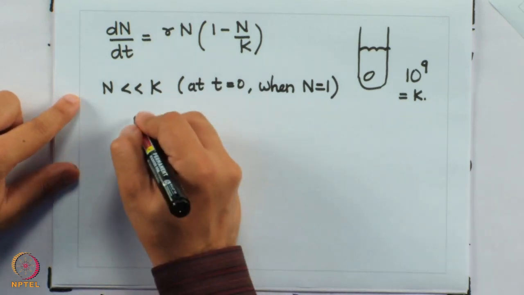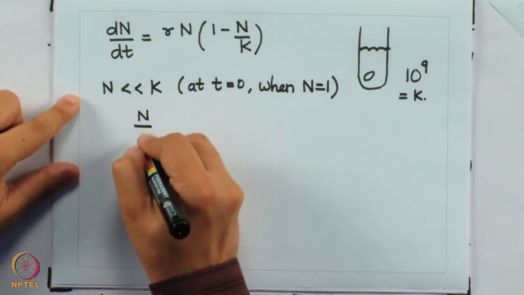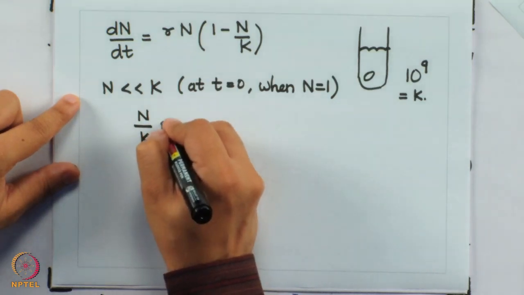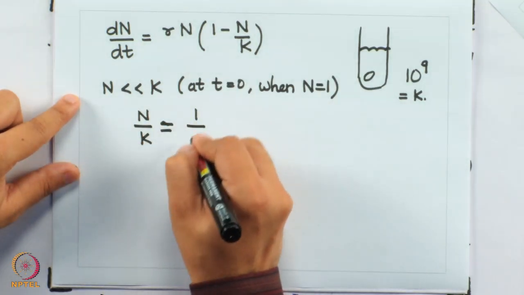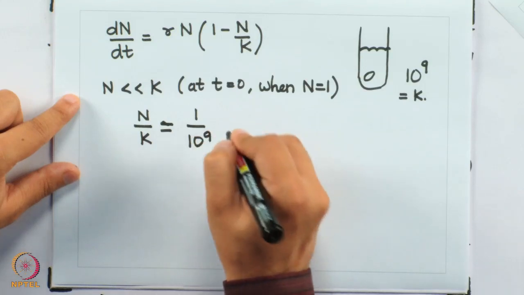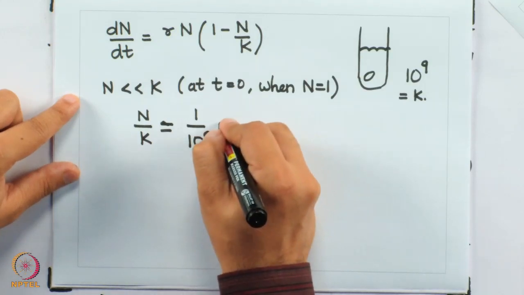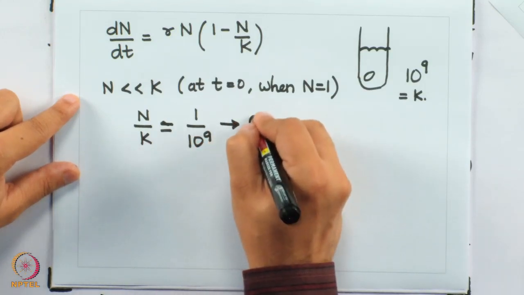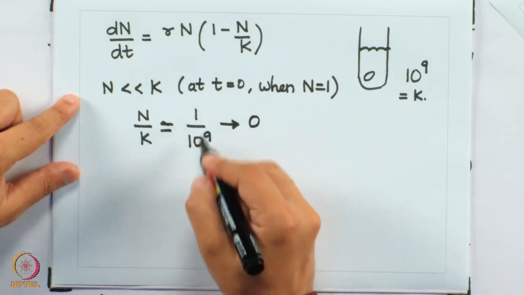What that means is N by K, which is equal to 1 upon 10 power 9, is a number very close to 0, because this is 10 power minus 9.